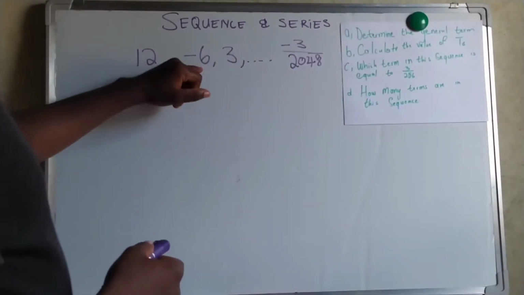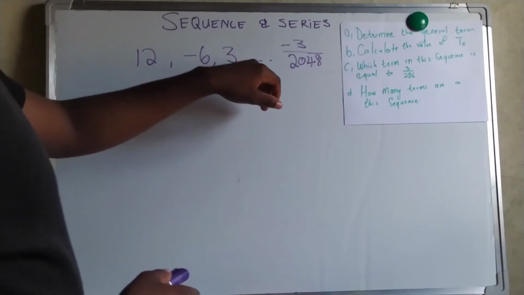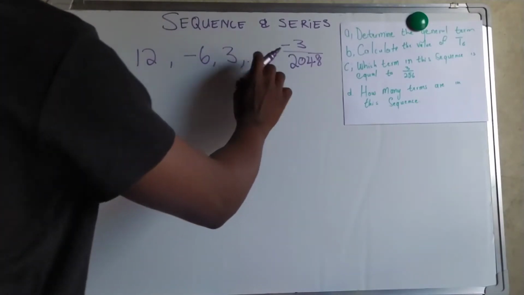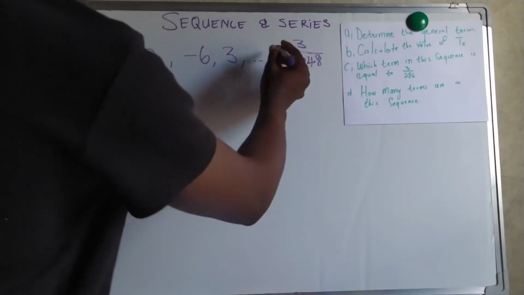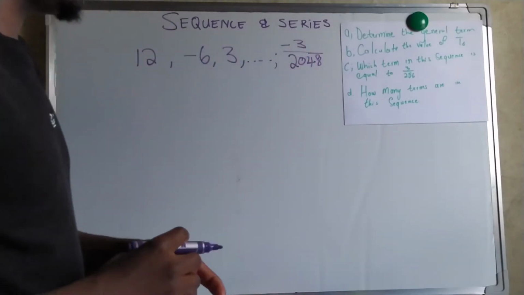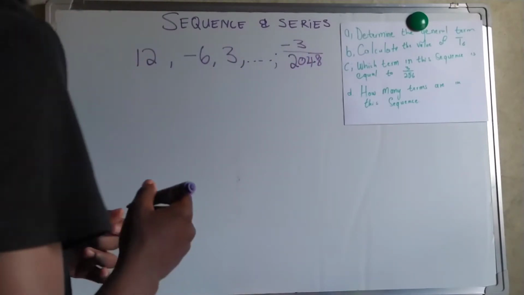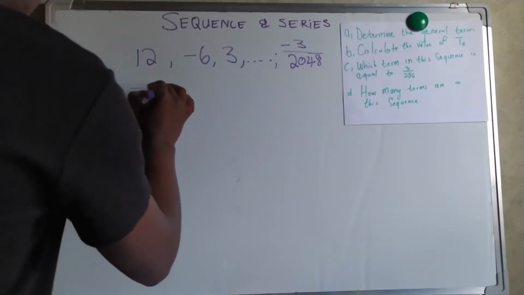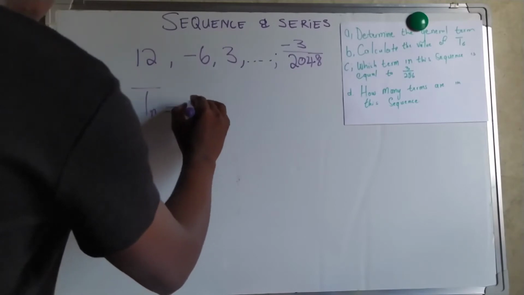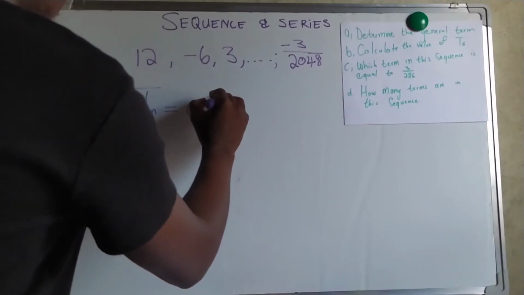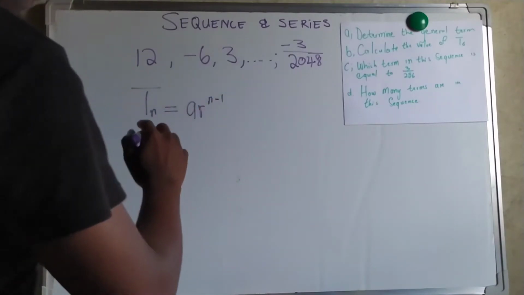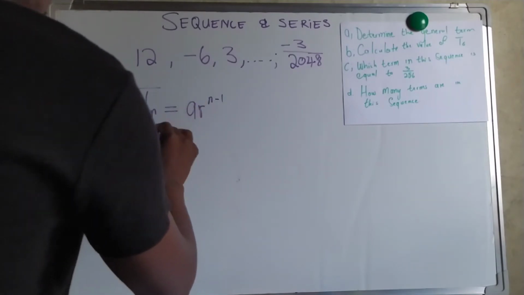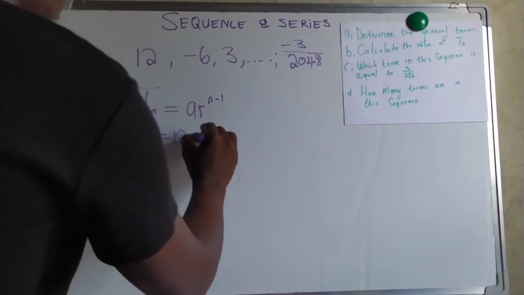Okay, so for our first example, here's our sequence. We have 12, minus 6, then 3, and then negative 3 over 2048, yes. The first question is to determine the general term. We know that the general term is like this: Tn is equal to A R to the n minus 1. What is our A? A is equal to 12.